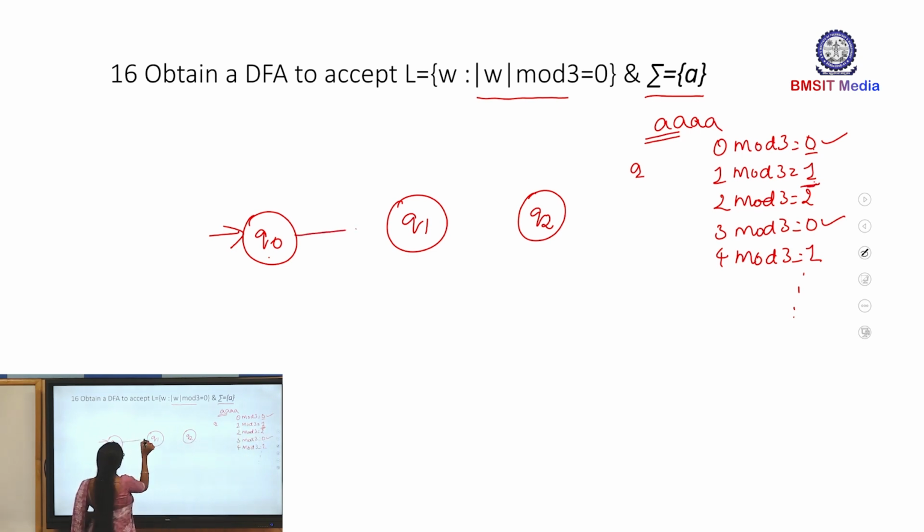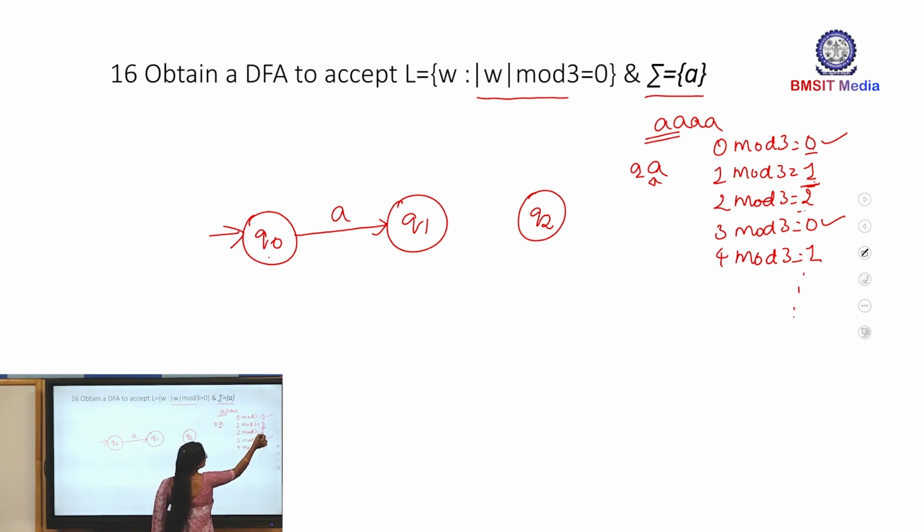On seeing an A, it makes a transition to Q1, which indicates that it is 1 mod 3. If I have 2 A's, on seeing 1 A, I reach Q1. On seeing the next A, this is the same as 2 mod 3, so I go to Q2.